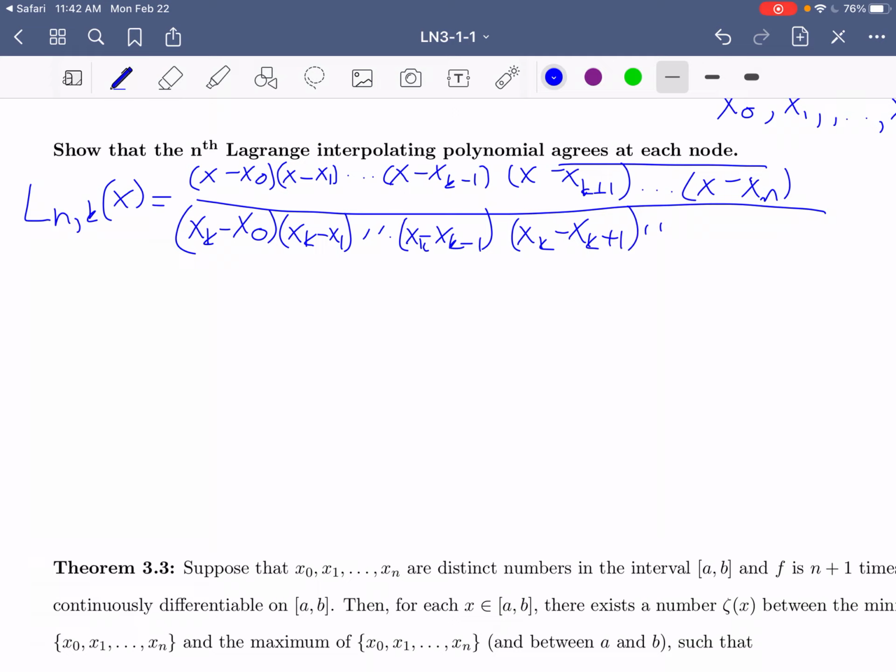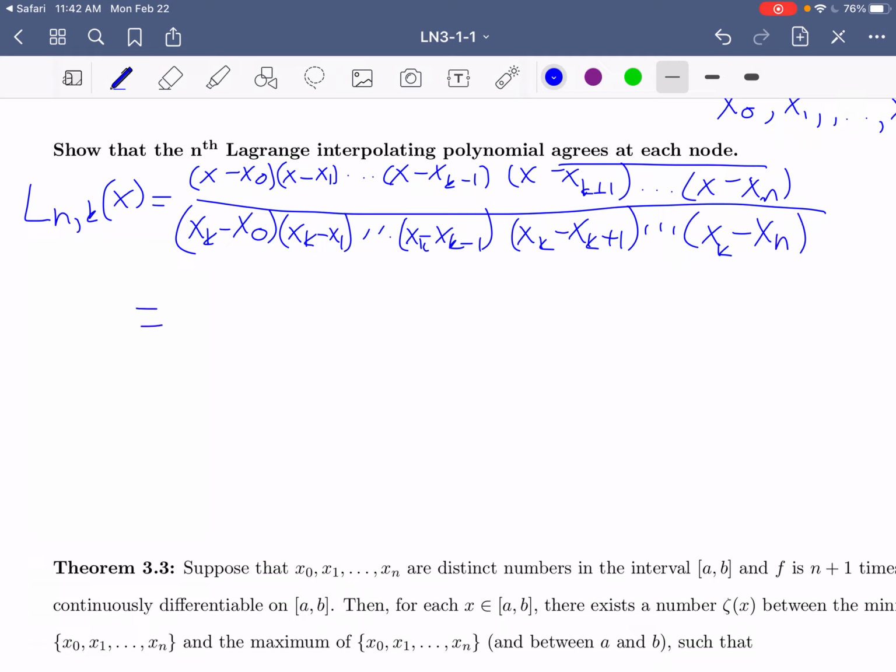Now again, the reason we don't have the x sub k minus x sub k term is that we've skipped over that x sub k term. That way we don't have 0 in the denominator. It keeps things working appropriately.